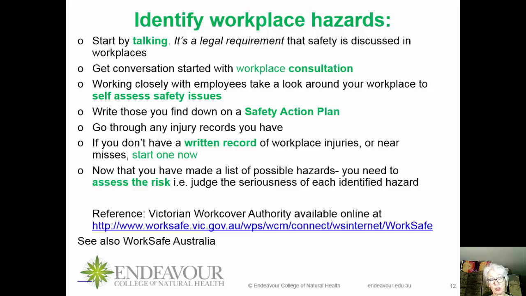You are then able to add that into your risk assessment process. That is, you judge the seriousness of each identified hazard, and you then take risk control measures. So a very important thing to do. Have a look, reference Victorian WorkCover Authority, available online at that website, and see also WorkSafe Australia.